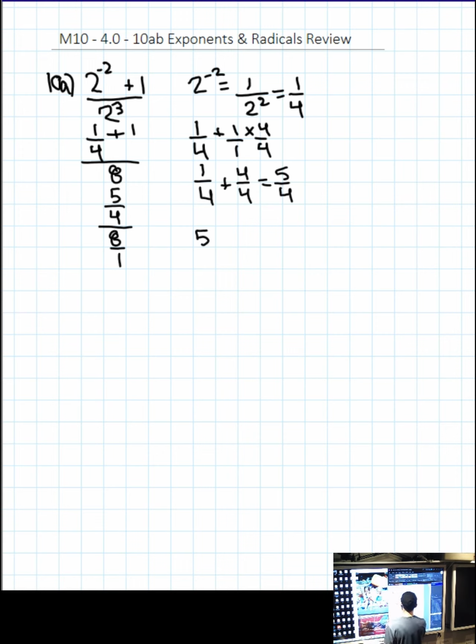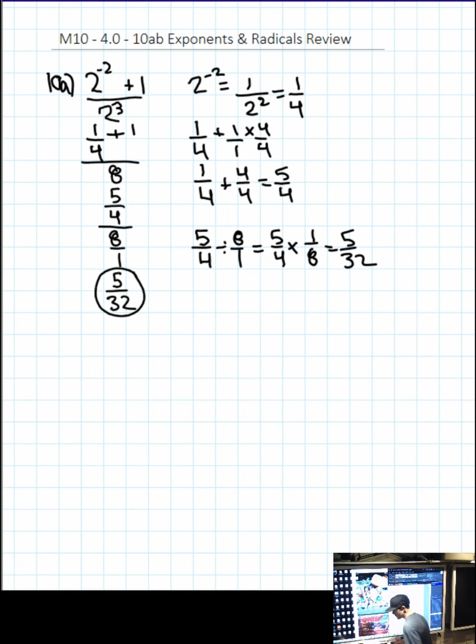Now in dividing fractions, 5 over 4 divided by 8 over 1 is simply equal to 5 over 4 times 1 over 8, which is simply equal to 5 over 32. So the answer to this question is 5 over 32.